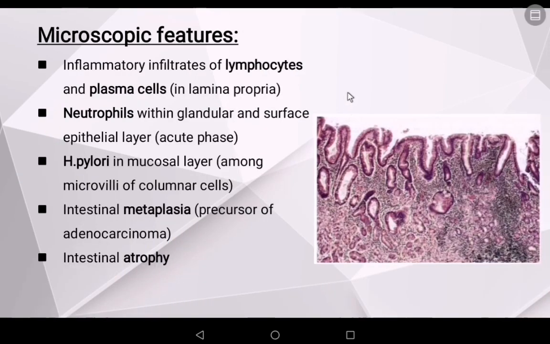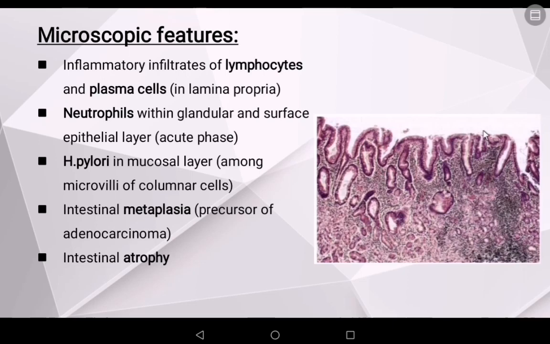The microscopic features will show inflammatory infiltration of lymphocytes and plasma cells, which can be appreciated in this histological slide. Neutrophils will be seen in the glandular and surface epithelium in the acute phase only. Some of the neutrophils can be seen here. Helicobacter pylori is present in the mucosal layer.